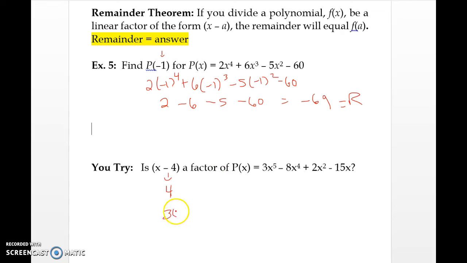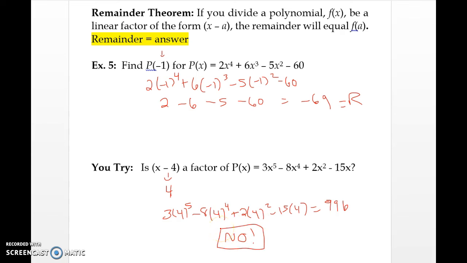So I can say 3 times 4 to the 5th minus 8 times 4 to the 4th plus 2 times 4 squared minus 15 times 4. That is going to give us 996. That's not 0, so no, it's not a factor. So remainder theorem will tell us very quickly if our binomial is a factor or not. And that's the end of section 4.